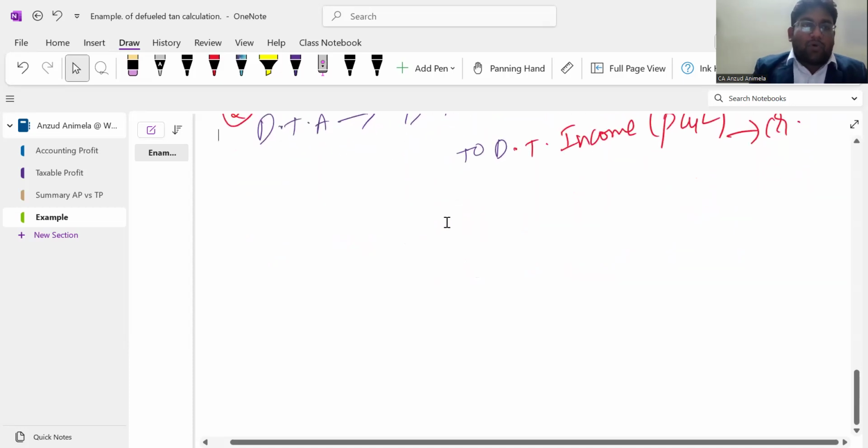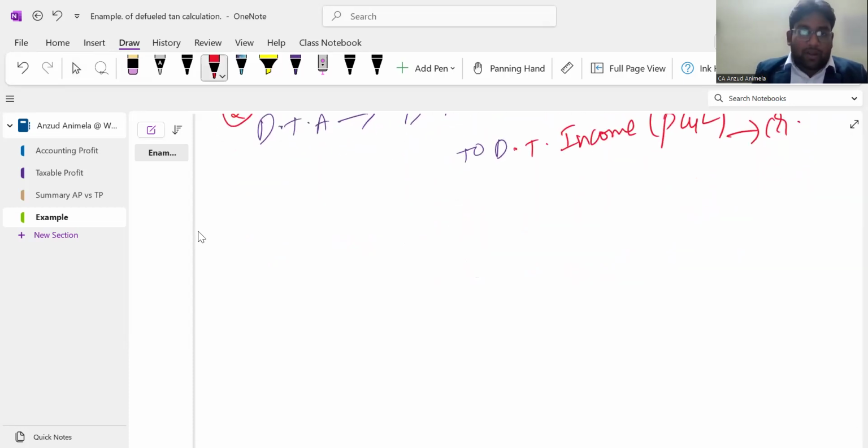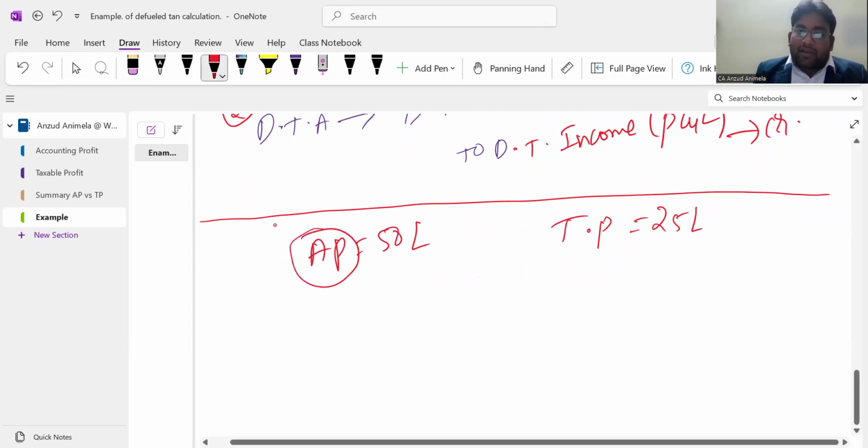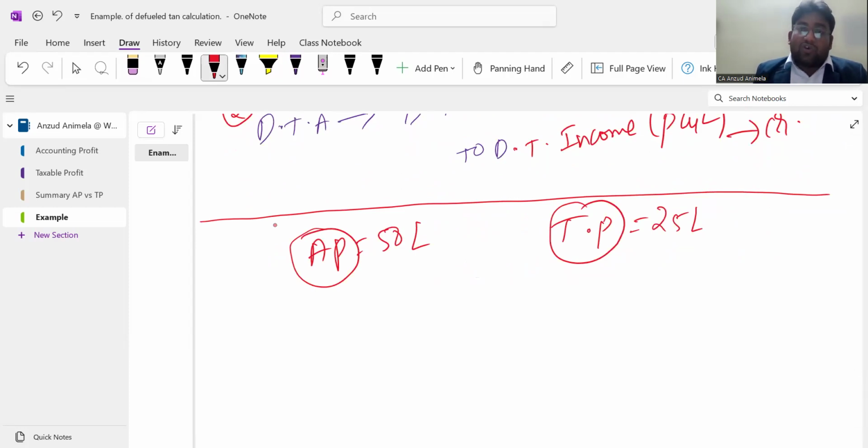One more important point to be noted. Accounting profit in our example is 50 lakhs. Taxable profit in our example is 25 lakhs. We may get a doubt why these profits differ. What made these profits differ?